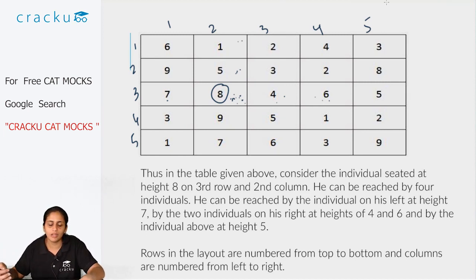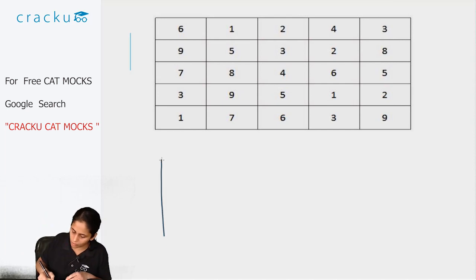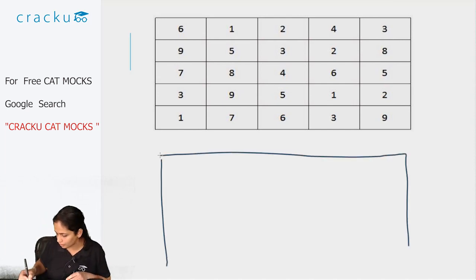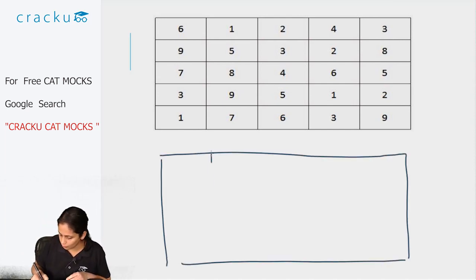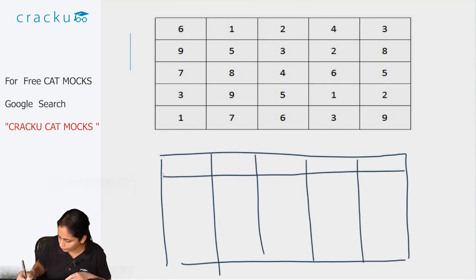So let's first begin by answering that: drawing the same 5 into 5 table and figuring out for each cell how many people can reach that cell. So we have this table, and we'll draw another corresponding 5 into 5 table, with 5 columns and 5 rows.